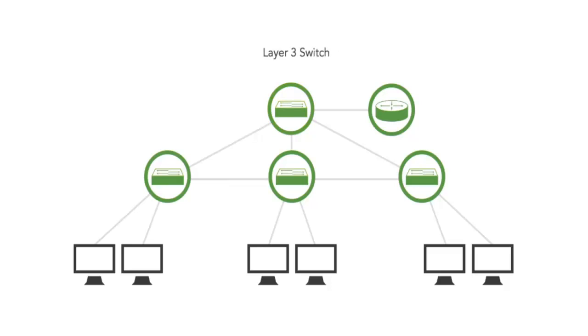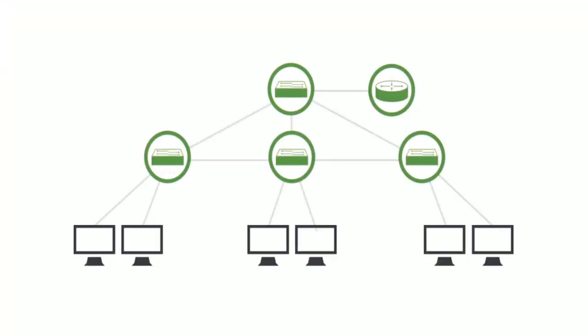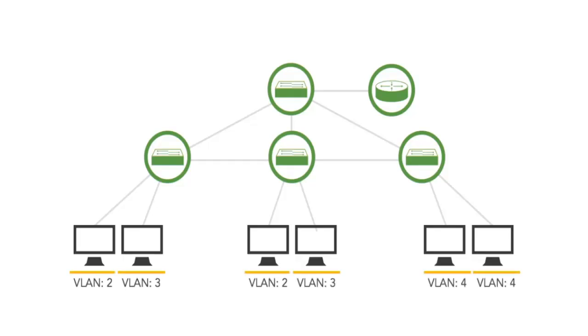And in this case, we could run a layer 3 switch to provide inter-VLAN routing, IVR, which provides routing between VLANs. A VLAN is a way of breaking up broadcast domains in a layer 2 switch network. So in this example, I can have hosts in different broadcast domains. This one would be in, say, VLAN 2, this one would be in 3, this one would be in 2 and 3, and these two could both be in 4.